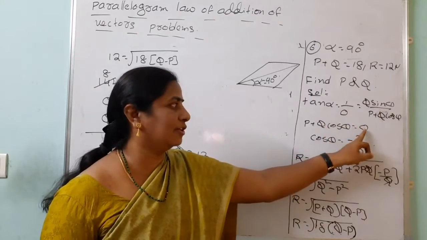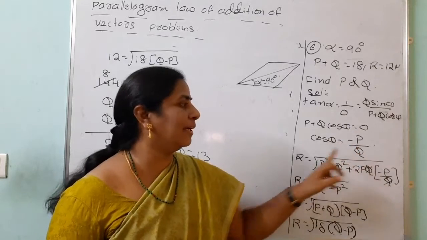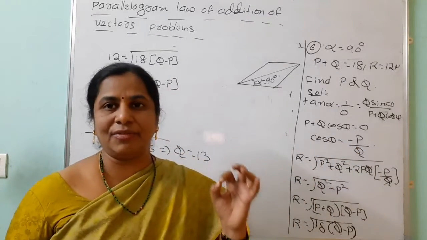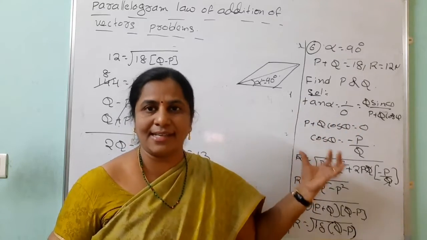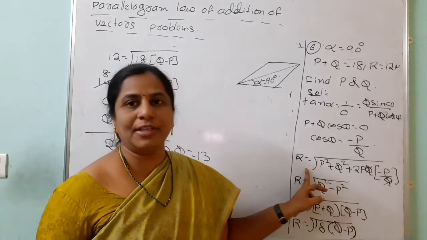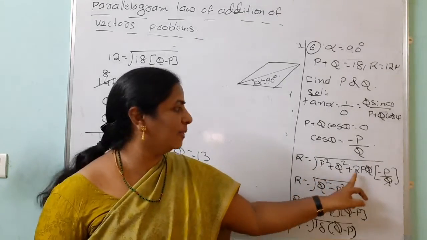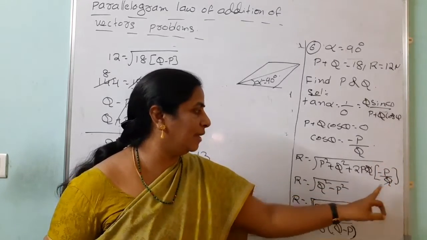When we do the cross multiplication, we get the expression for cos theta is minus p by q. So you should remember that if any vector is making 90 degrees with the resultant, cos theta is minus p by q. Then substitute in the resultant formula, under root p square plus q square plus 2pq cos theta, with cos theta equal to minus p by q.